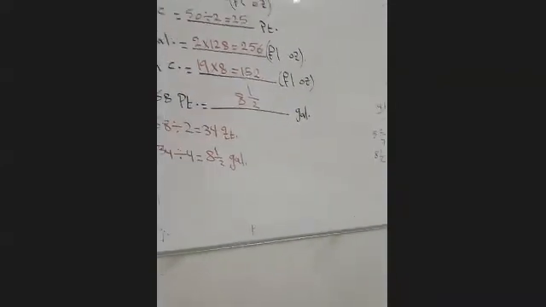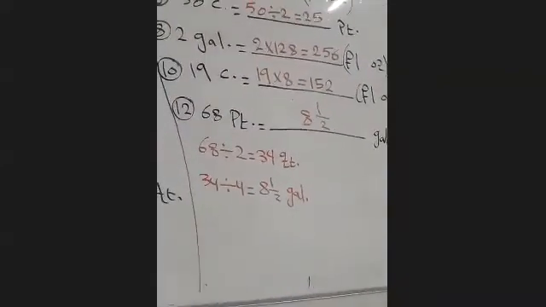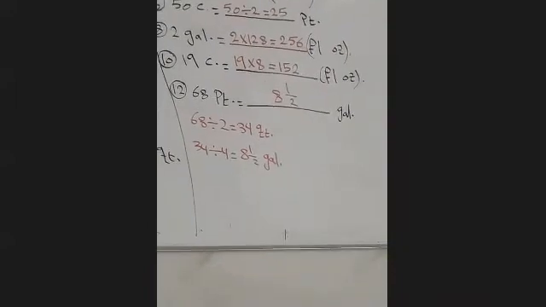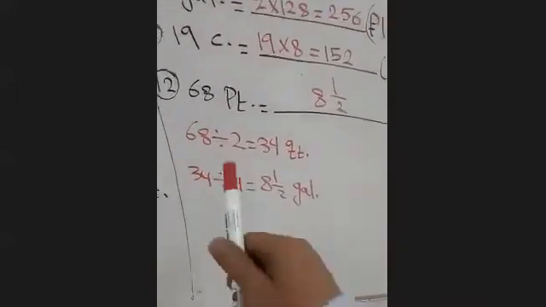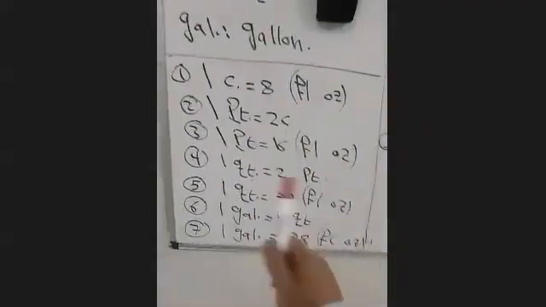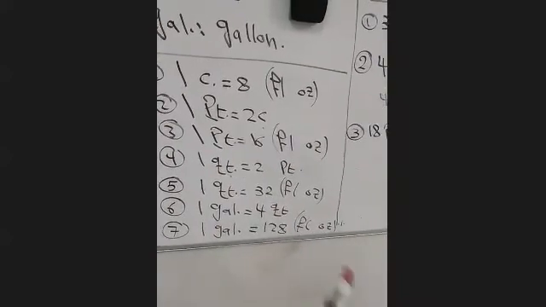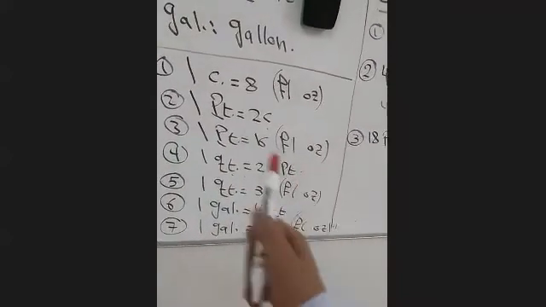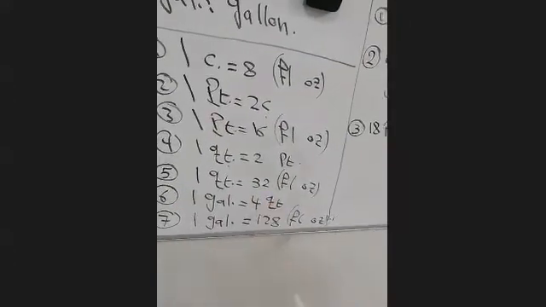So let's re-explain this question again. The question wants us to turn it from pint to gallon. I don't have any relationship between pint and gallon here. So I will use another relationship to get the gallon.